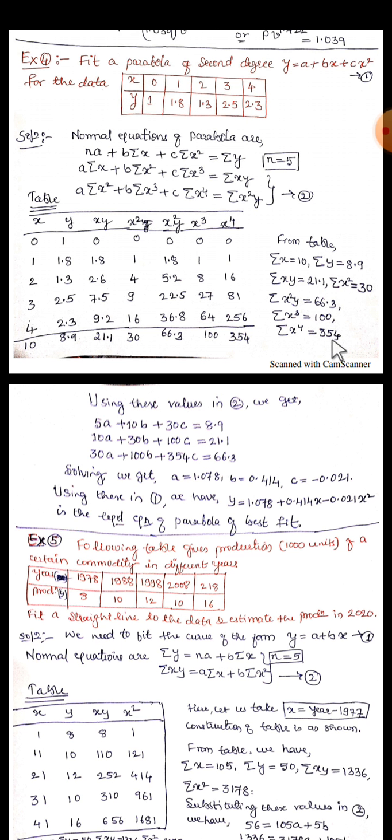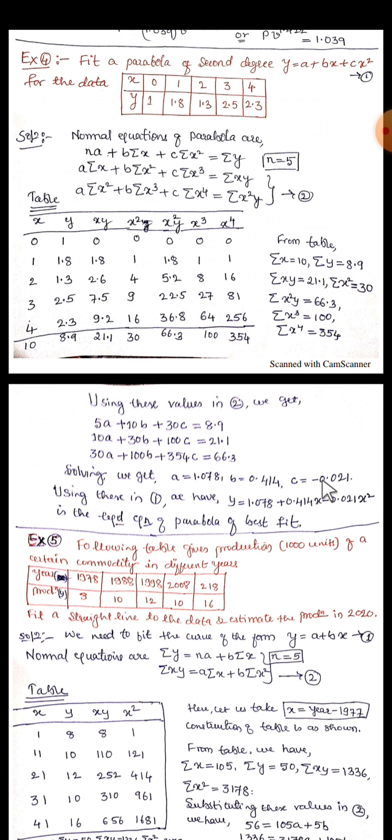x^4 is 354. Substituting these summation values in the normal equations, we get three equations, corresponding to each of these normal equations. Solving these three equations, we get small a as 1.078, small b as 0.414, and small c as minus 0.021.